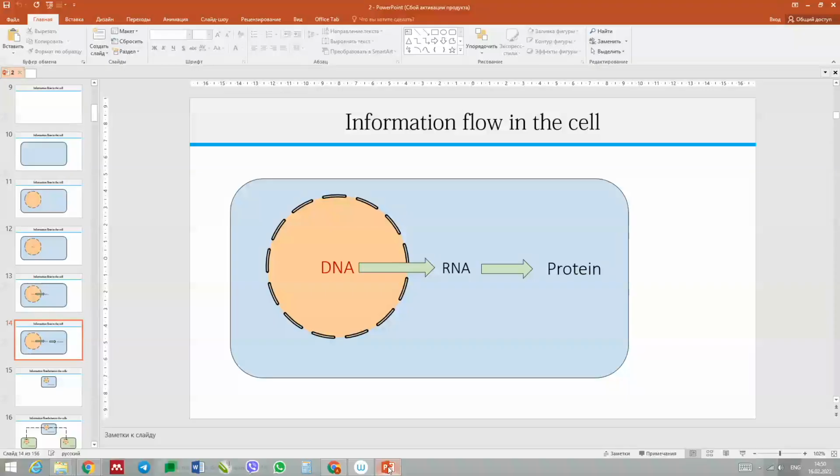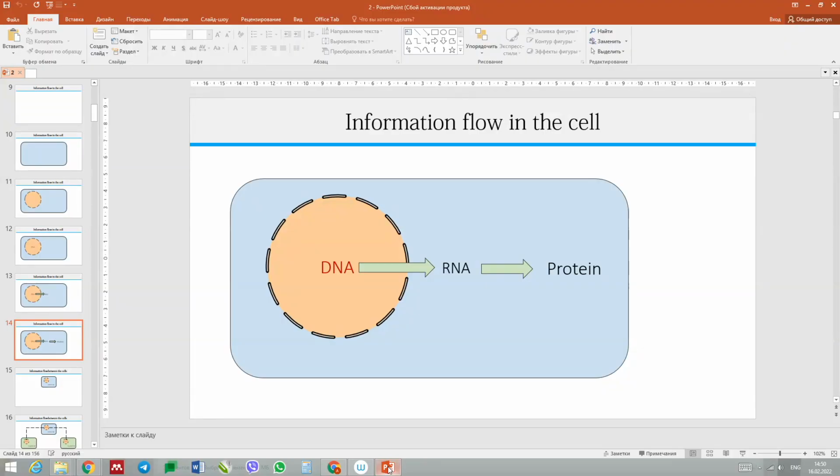So if we want to construct something, we need a plan for how to do this. If we want to construct a protein, we need a plan that shows us what is the structure of the protein, what is the structure that should be created.